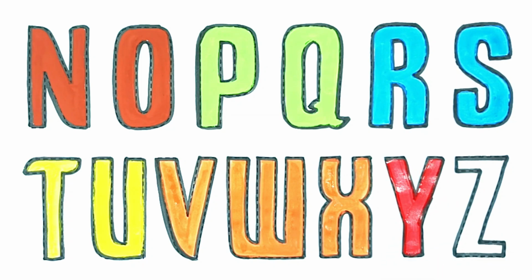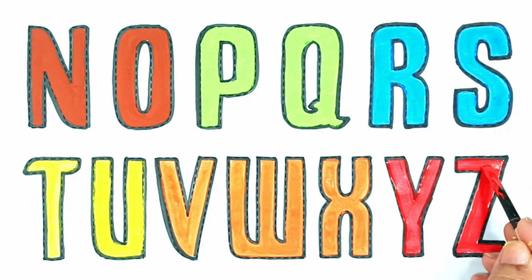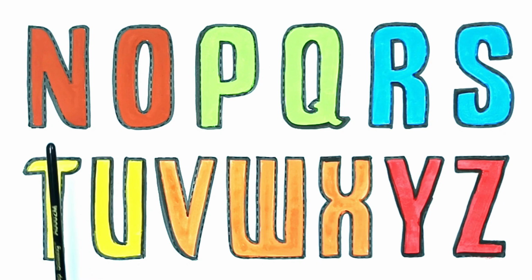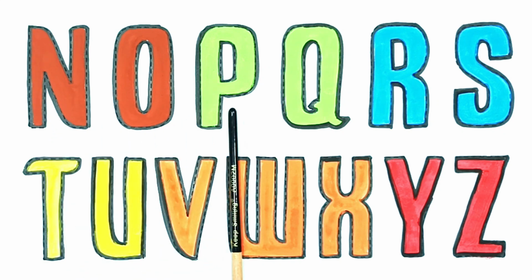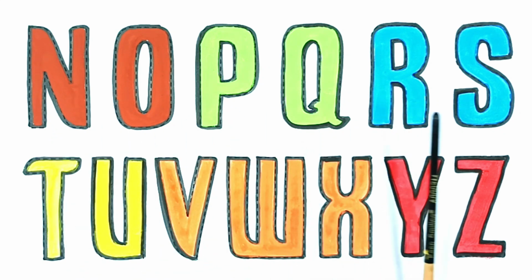Y for yacht. Z for zebra. N, O, P, Q, R, S, T, U, V, W, X, Y, Z.